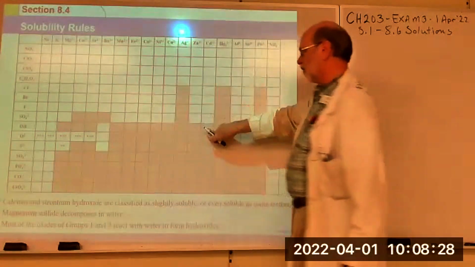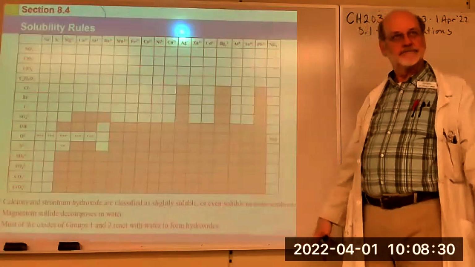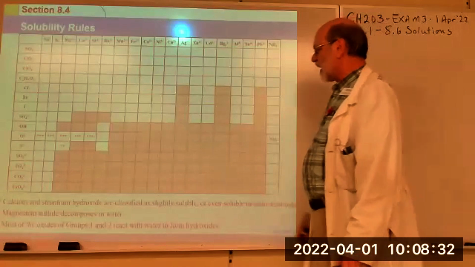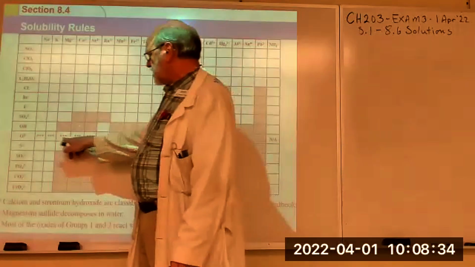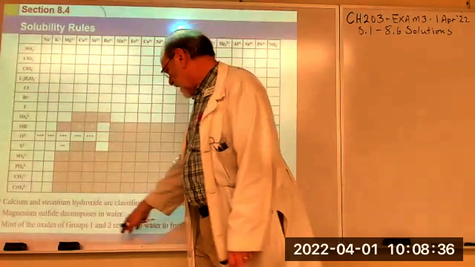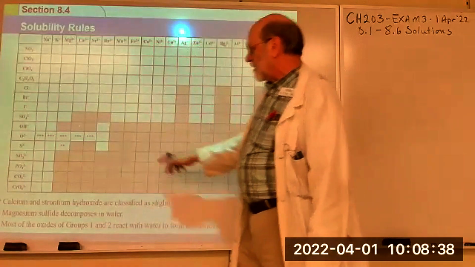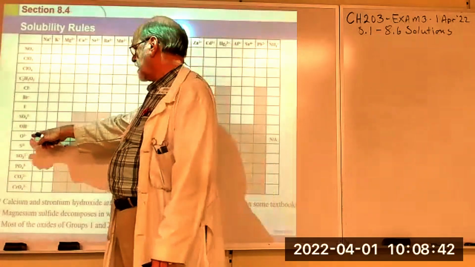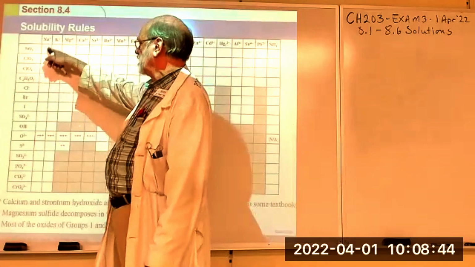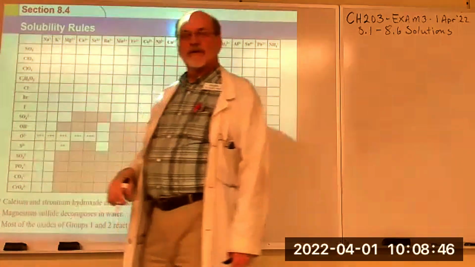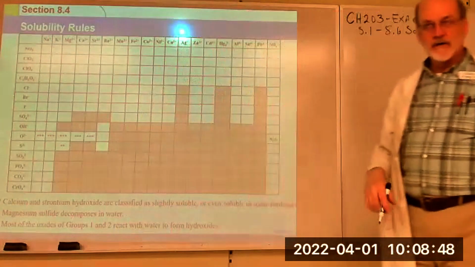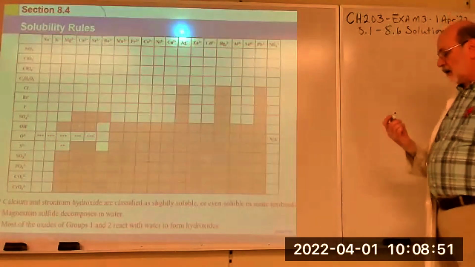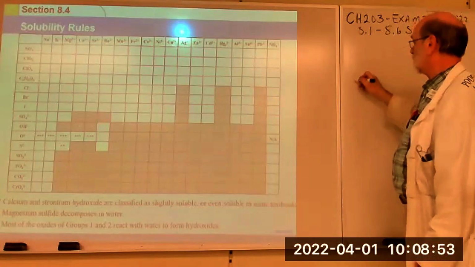Insoluble. Okay. There are some exceptions in here, like these, and they're described down here. These guys react with water, so you don't form sodium oxide. Sodium oxide in water reacts with water, kind of like the sodium I showed you before.